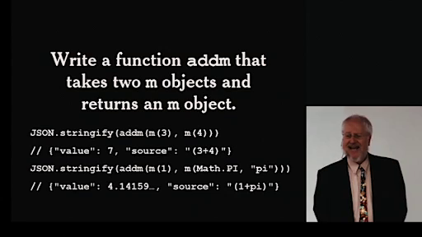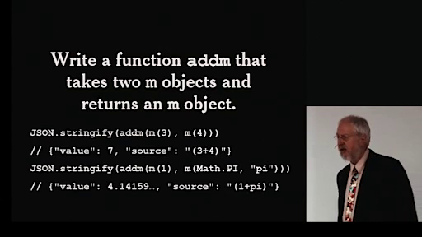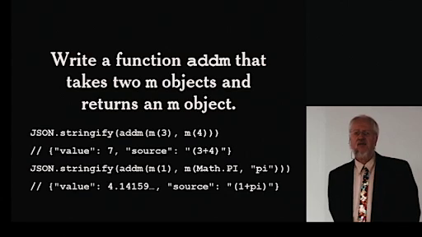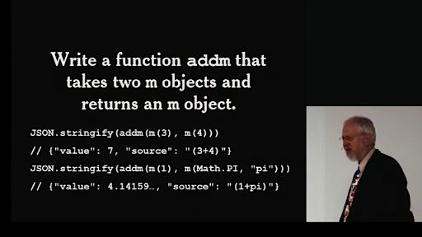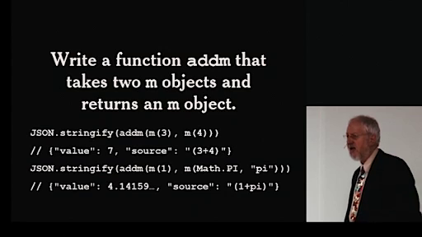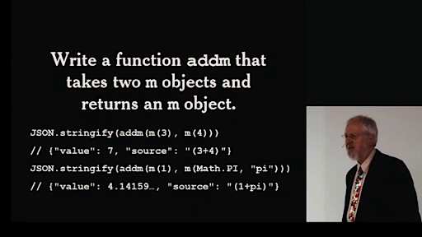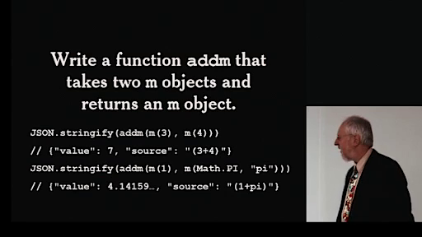Write a function addM that adds two m objects and returns an m object. So you can imagine we could have a regulatory requirement that not only do we provide results, we also provide extreme detail on how we obtained the results. So this is a way to help automate that.